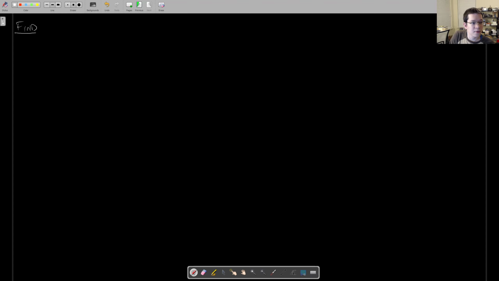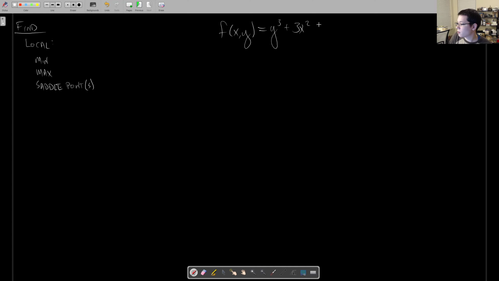Find local min, max, saddle points of the function f of x y equals y cubed plus 3x squared times y minus 6x squared minus 6y squared plus 2.